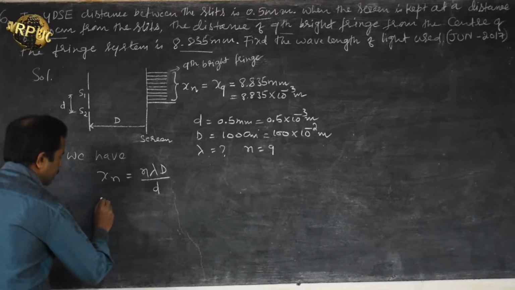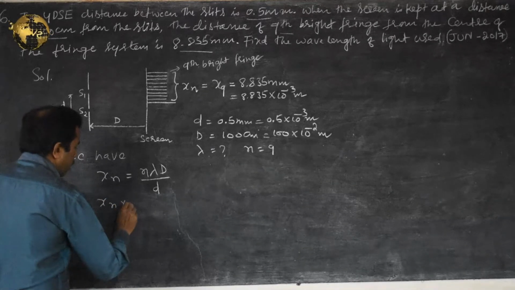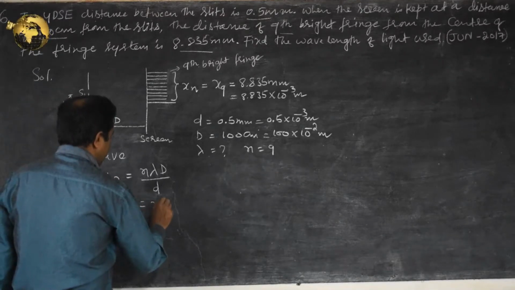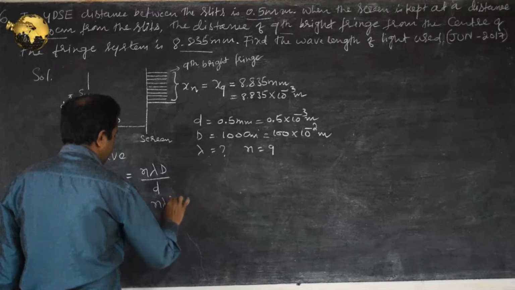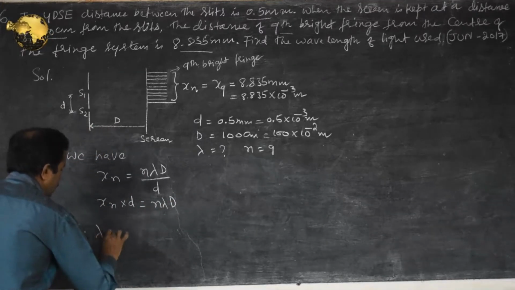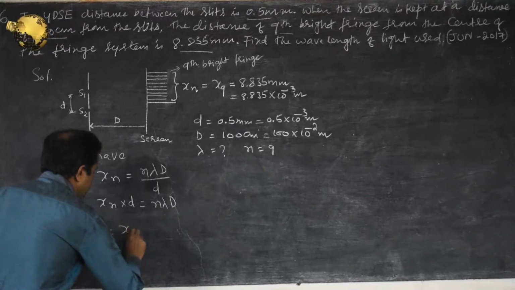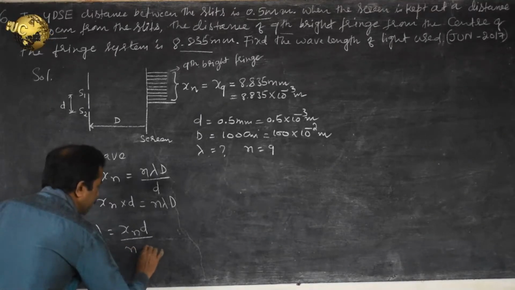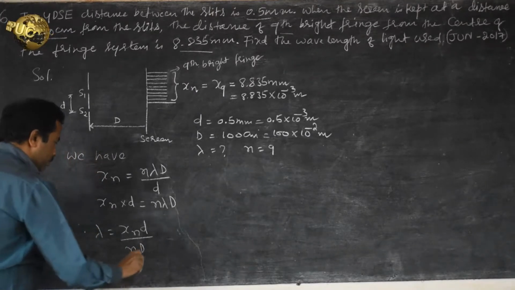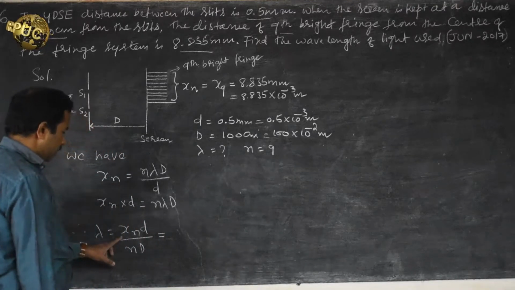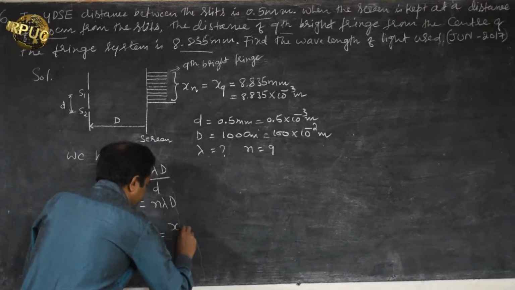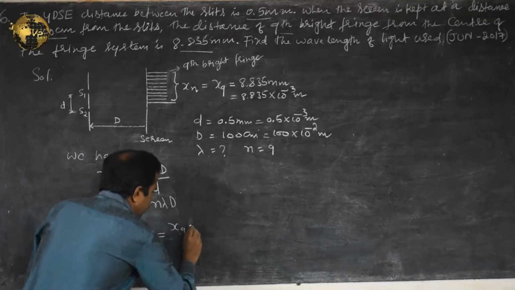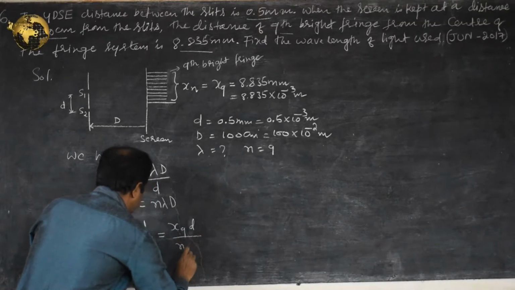Xn into d is equal to n into lambda into D. Therefore lambda is equal to xn into d divided by n into capital D. Actually I will write x9, value of n is 9, x9 into d divided by n into D.